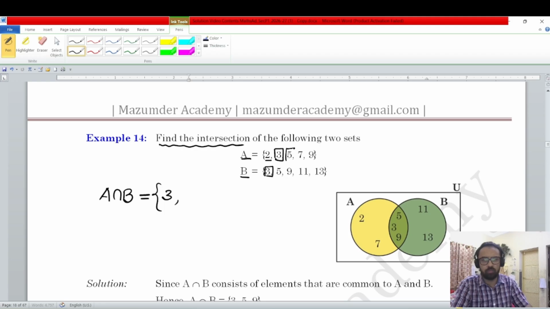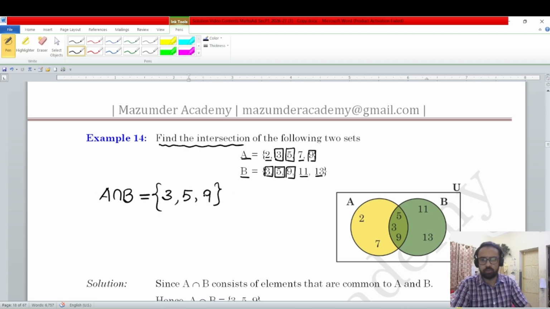Similarly, 5 is in both the places. Therefore, 5 will come in the intersection. Then 7 will not come. 9 will come because 9 is available in both A and B. And that will be the only intersection, because 11 is not available in both places, 13 is not available in both the places, both A and B. Therefore, A intersection B will have 3, 5 and 9.